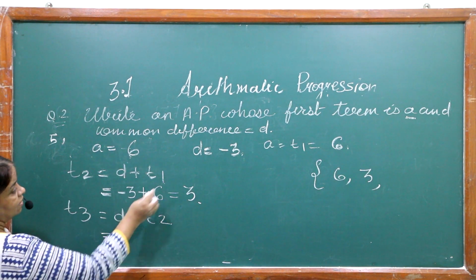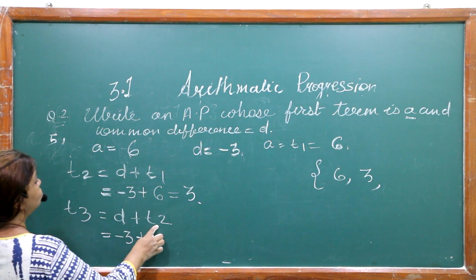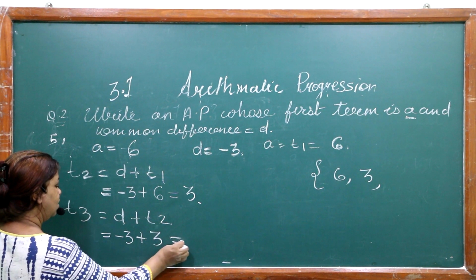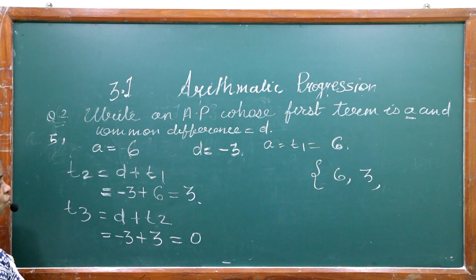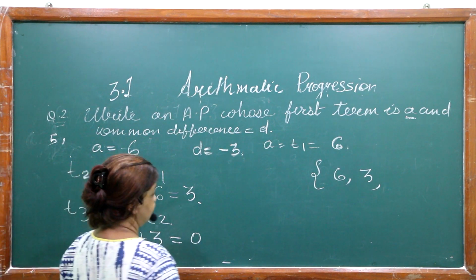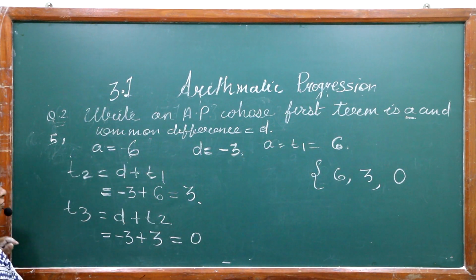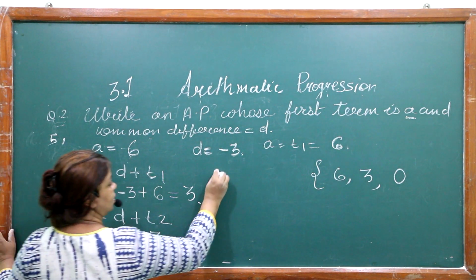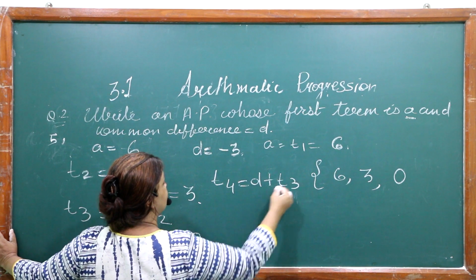D is minus 3 plus term 2, which is 3. Minus 3 plus 3 will be 0. Now, term 4 will be D plus term 3.